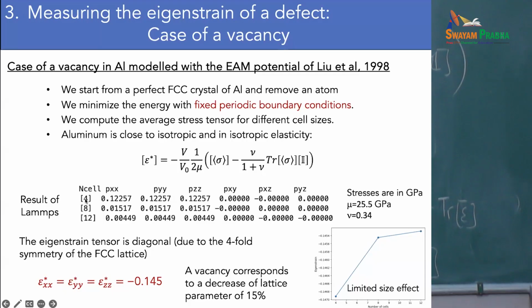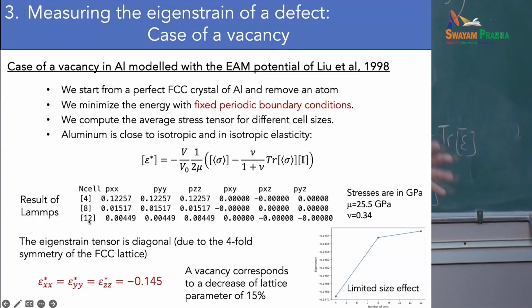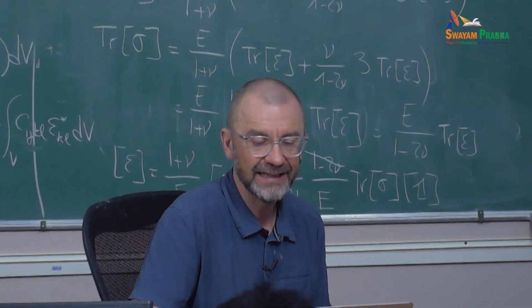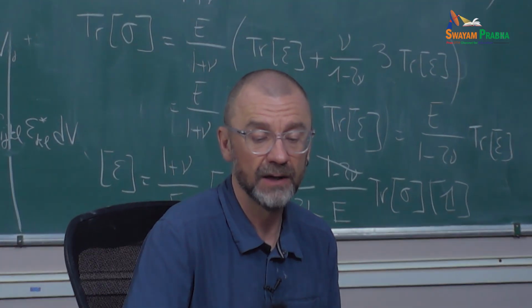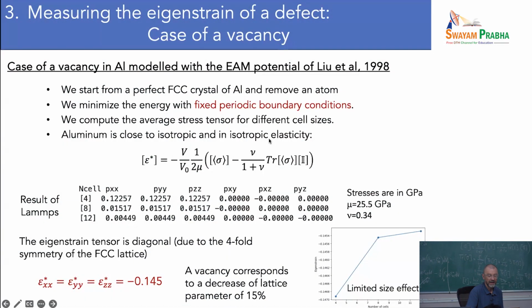So the result of LAMMPS is given here. This is for different cell sizes: 4, 8, 12. I get the stress tensor from LAMMPS, and I apply this formula. You need to know beforehand the shear modulus and Poisson's ratio for your system. This was computed for the potential: 25.5 for mu, and 0.34 for nu.